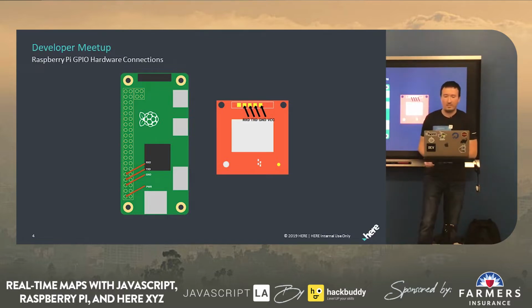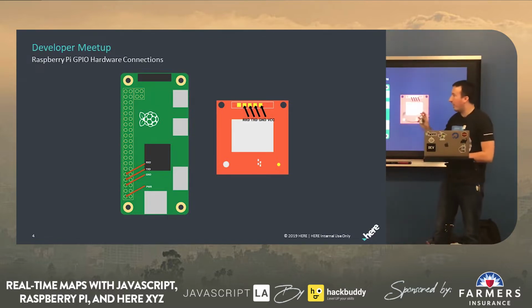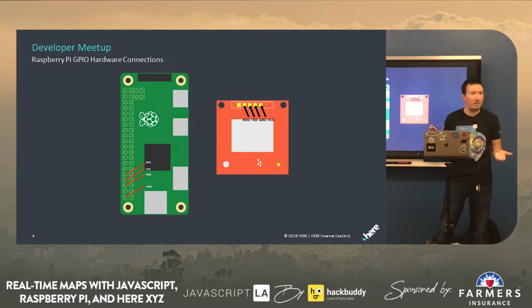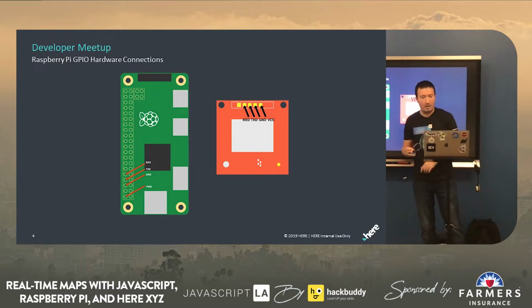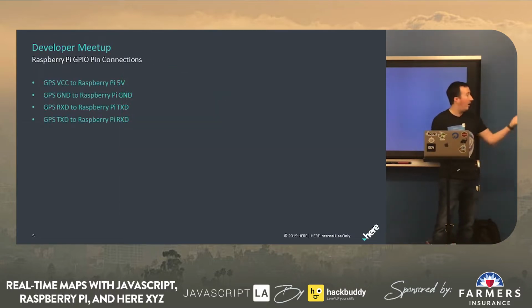When it comes to hooking up the two devices, the Raspberry Pi has about 40 pins on it, at least this version of it. The Neo 6M has 5 pins on it. You only use a fraction of the pins on the Raspberry Pi. There's a VCC pin on the GPS module that represents power.